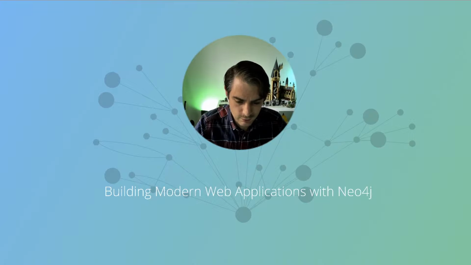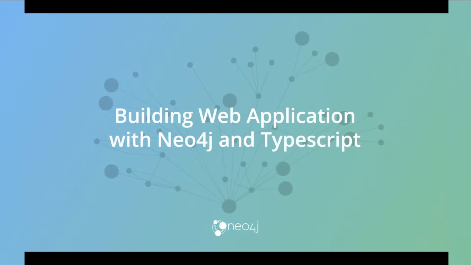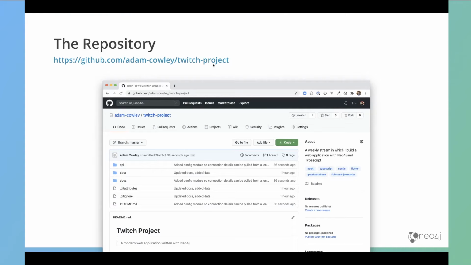Last week we were looking through how to build a modern web application with Neo4j and TypeScript. I'm going to continue along those lines today. For anybody watching on catch up, on YouTube, everything is available on the repository, so the code should be up there now.